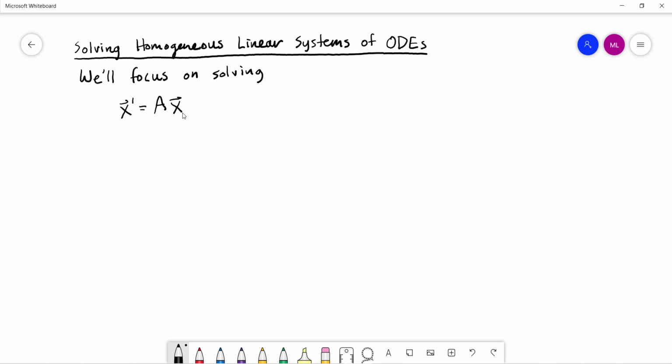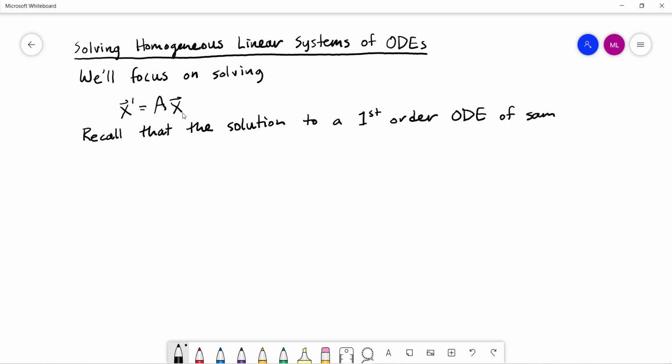So recall that the solution to a first order ODE of the same form, so not a system, looks like this. Let's just take x prime equals some a times x.